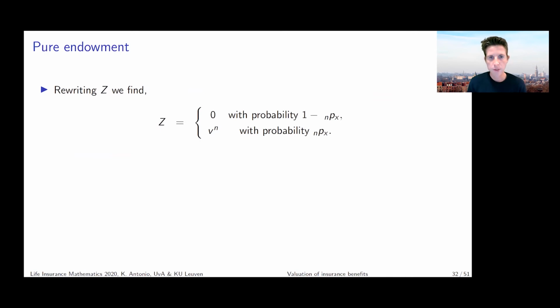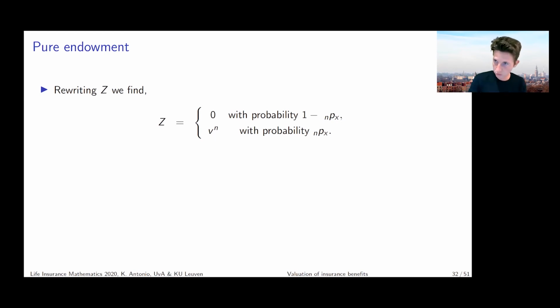So how do we value this product? Now, of course, only two scenarios are here for us to take into account. Either you die before reaching age x plus n, and that happens with a probability 1 minus npx, and then the random variable Z will take the value 0 because we will not pay the benefit, or you survive until age x plus n, and that happens with a probability of survival npx, and in that case we're going to pay the €1 benefit at time n.